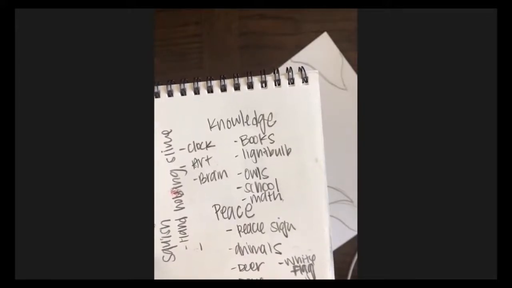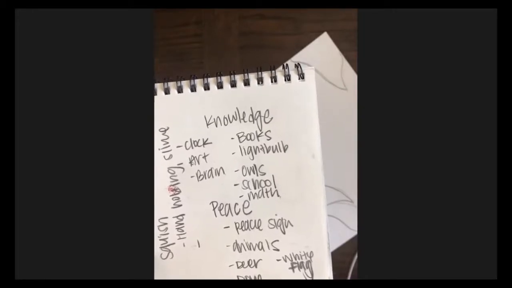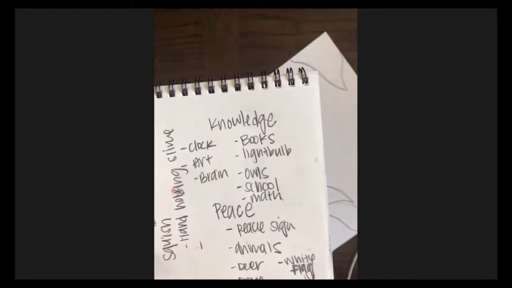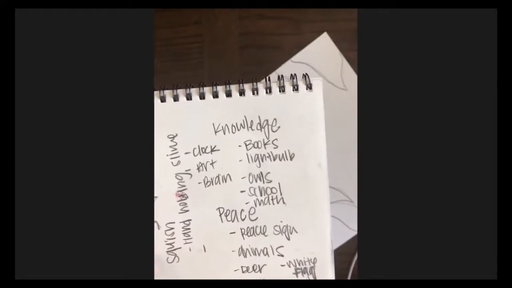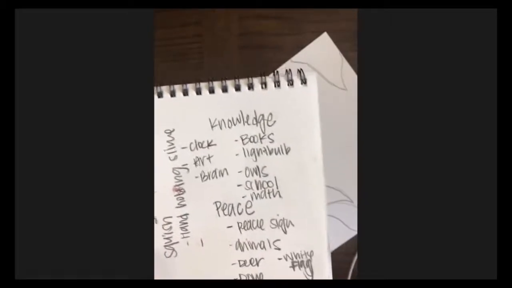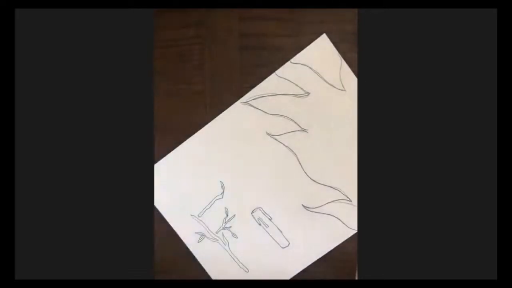I feel like you could even do an hourglass for knowledge too. Or a graduation cap. Ooh, that's another one. Oh, yes. That's a really good one for the N. I was just trying to figure out what I could do for N. There you go. Awesome.